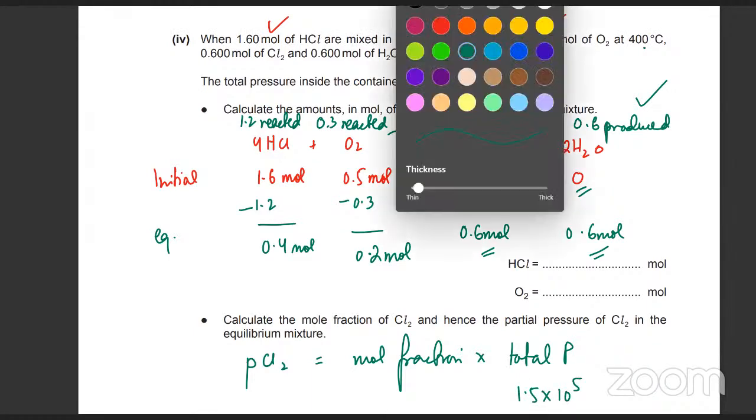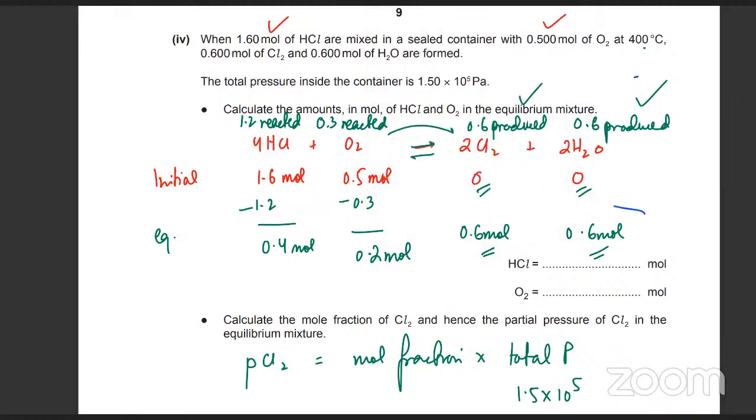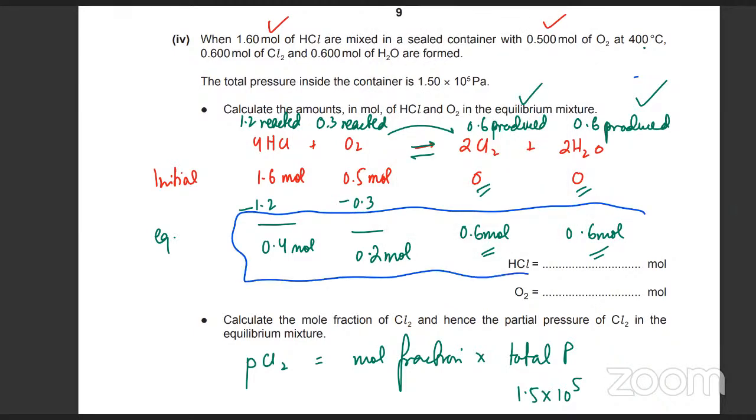All of this is present in your container at equilibrium. So what is the mole fraction of Cl2? The moles of Cl2 are just 0.6, so it's 0.6 divided by the whole thing. I think that's 1.8.